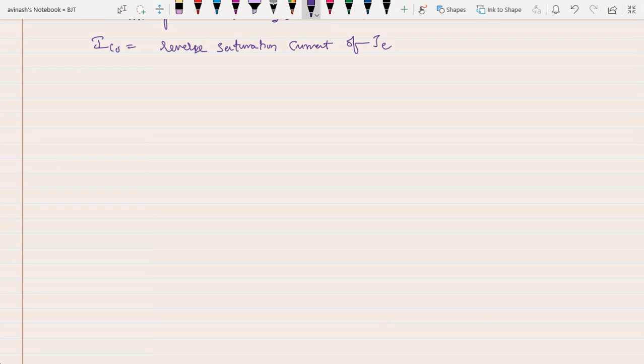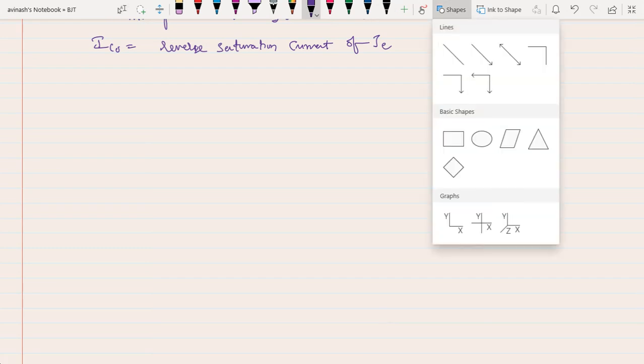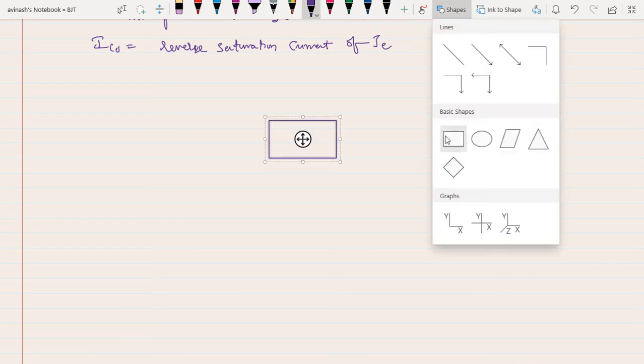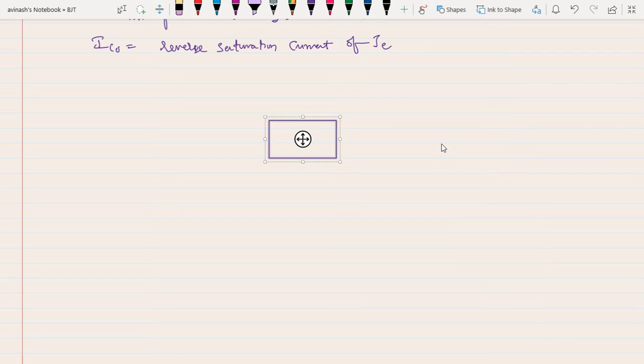Okay, if we take these 2 points, as I already mentioned, the flow of current from this to this is called IPC.